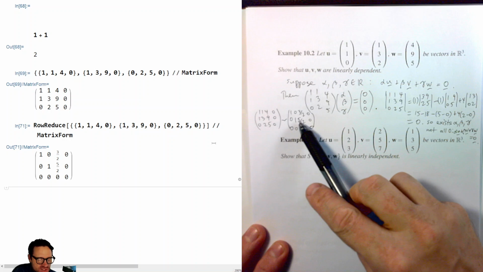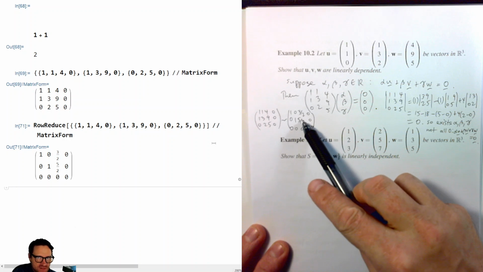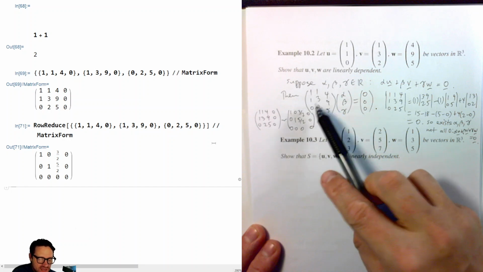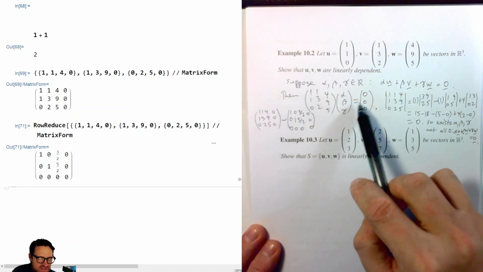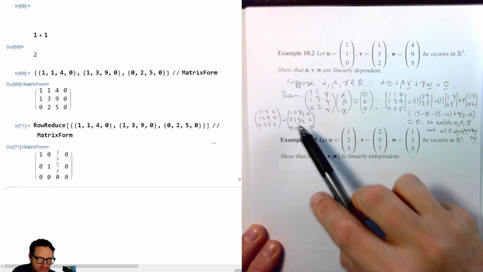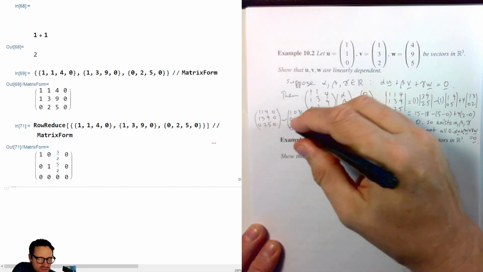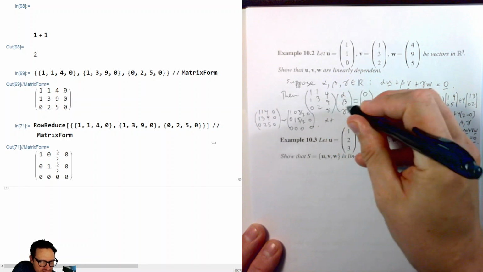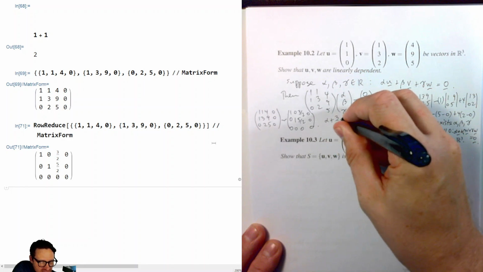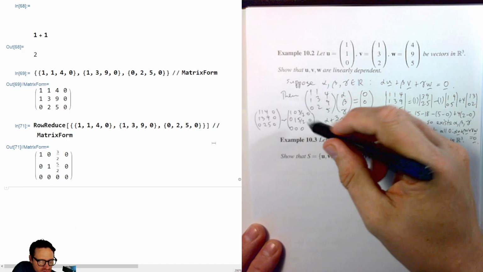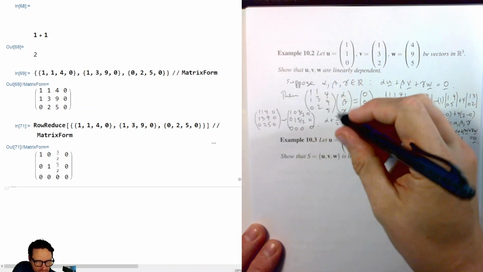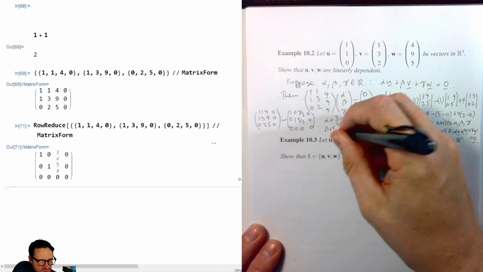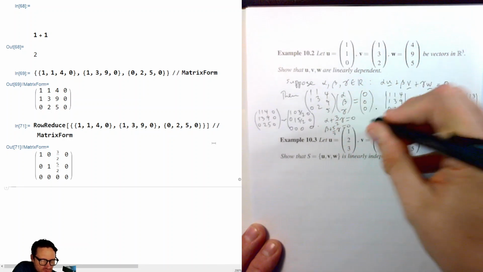Okay, but also it tells you another thing. It tells you how to talk about the set of solutions to uppercase A X equals 0 vector, right? So let's have a look and unpack that. So what this says then is that alpha plus 3/2 gamma is 0 from the first row, and beta plus 5 over 2 gamma is 0.